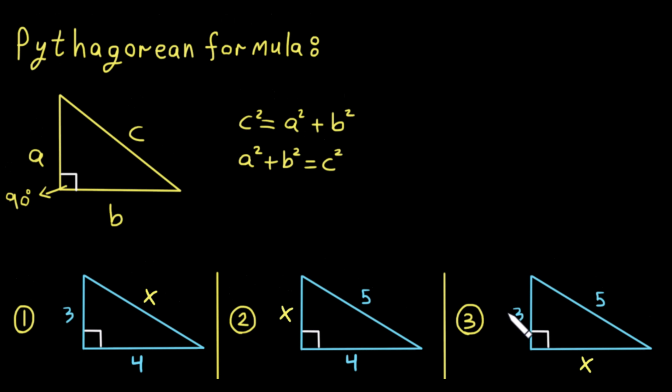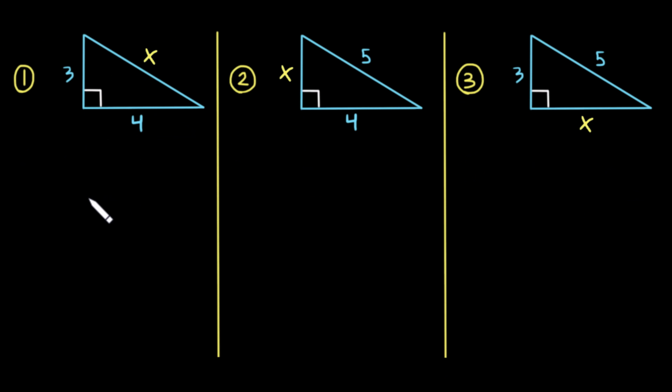Now let's solve the first one here. Let's change the color. If we have a right triangle, it's essential to have a 90 degrees angle to apply this formula, which is the Pythagorean formula.